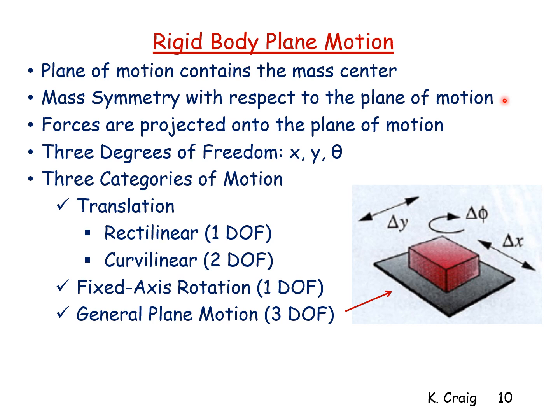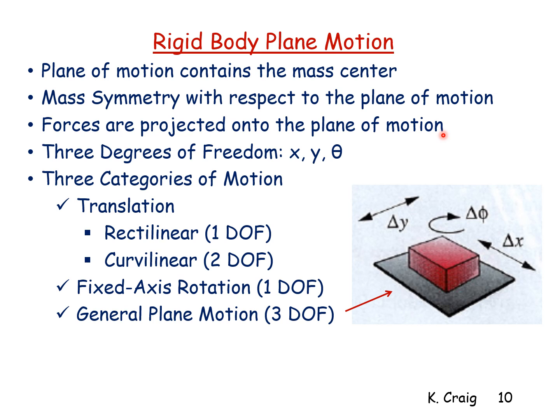So the plane of motion is the XY plane, the plane of the picture, going through the mass center of my disc and bar system. So you have the same mass on one side of that plane as you do on the other. The mass distribution is the same. That's what we mean by mass symmetry. So the center of mass is located in that plane of motion. And I have symmetry with respect to that plane of motion.